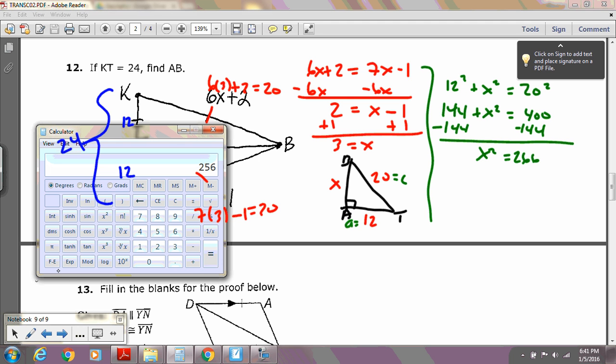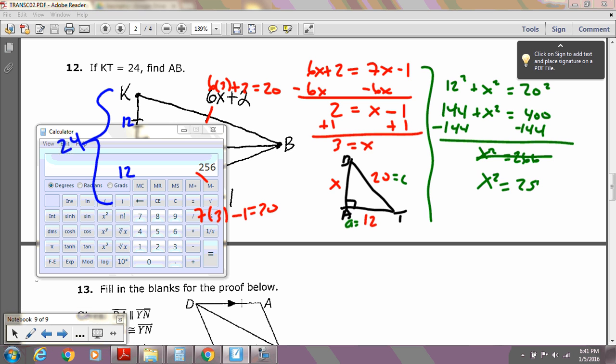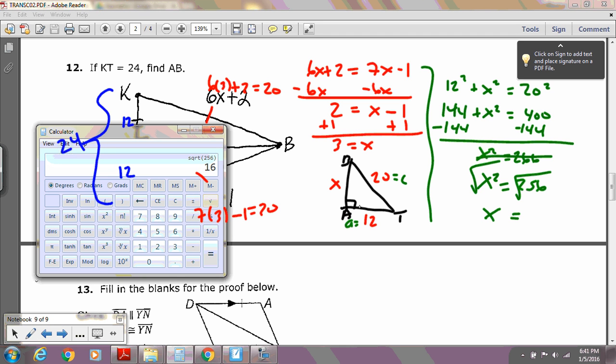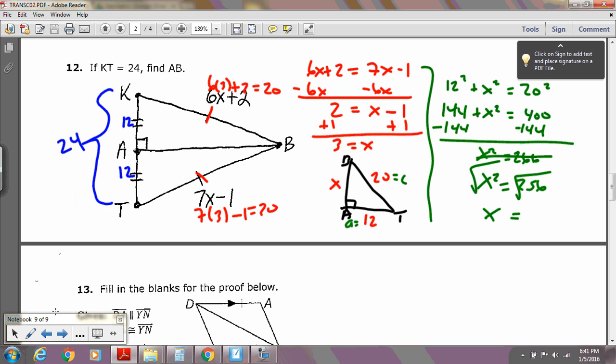Yeah, 256. x squared is 256. And now you have to take the square root of both sides to get x by itself. So x is equal to the square root of 256, which is 16. So AB is 16.